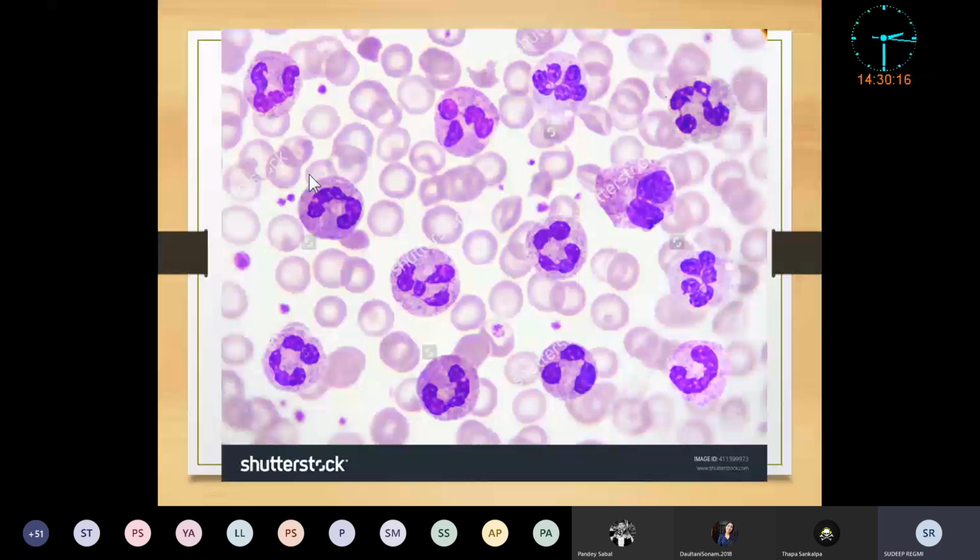This is also a band, and this is also a band. So here you can see mostly neutrophils, and definitely there is an increase in total count. These are the RBCs. These are the WBCs, mostly neutrophils, and these small fragmented tiny things are the platelets. So these are the things you see in the peripheral blood smear.